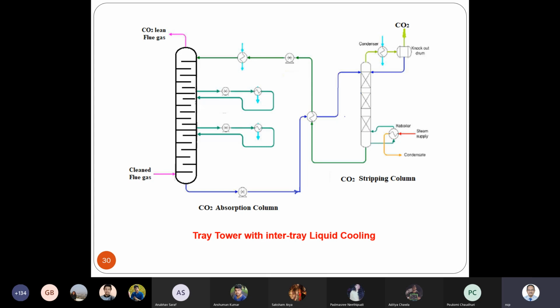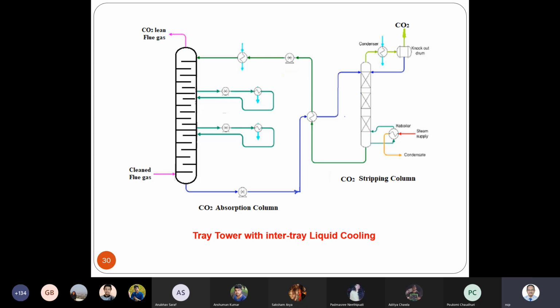CO2 will be stripped out and then the liquid will be recycled. Aqueous alkanolamine solutions like DEA, diethanolamine, we'll discuss later also when we study actual absorption. These amine solutions are used for efficient absorption because CO2 is acidic in nature and amines are basic, so we get very good rates of absorption.